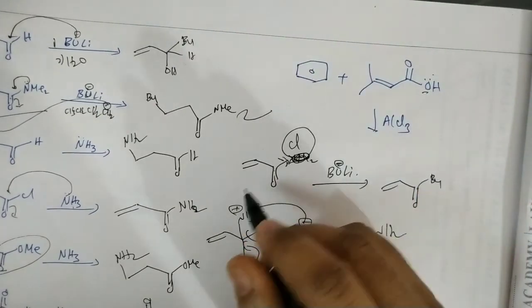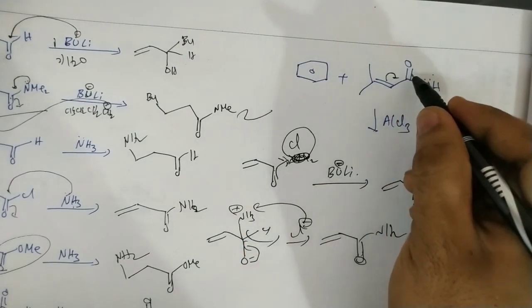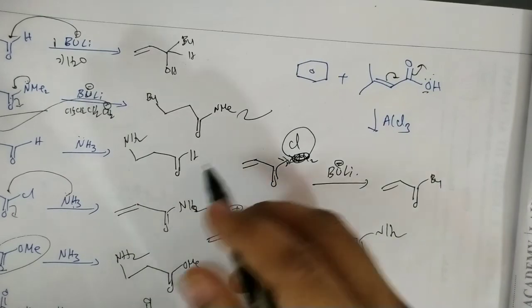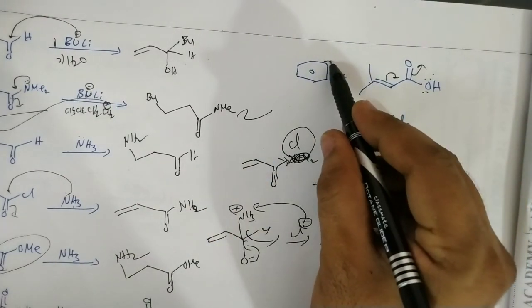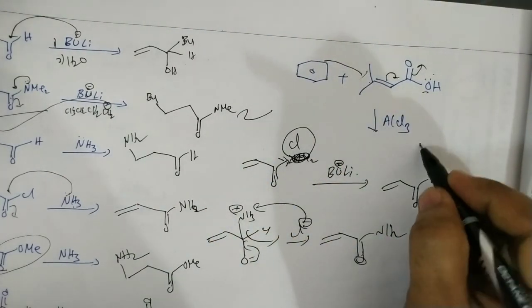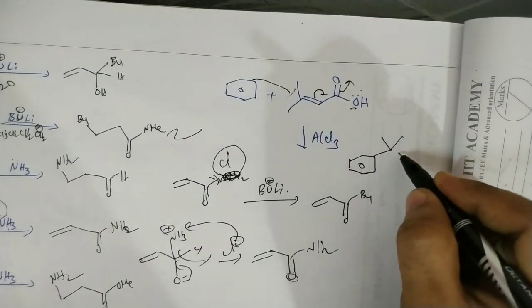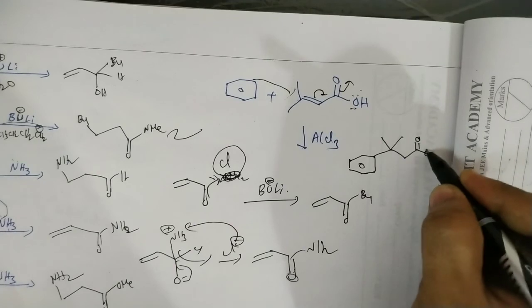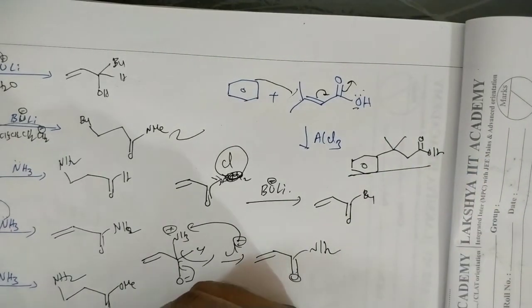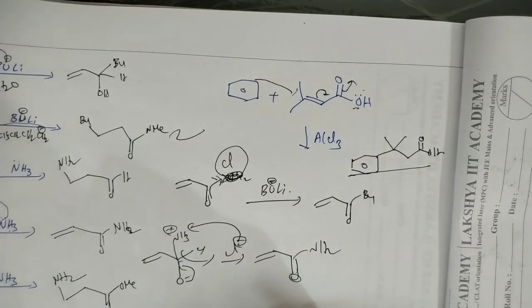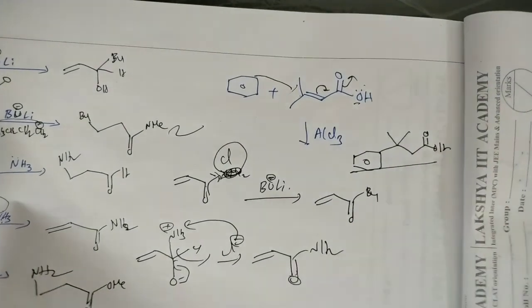In this case these electrons are transferred to this one, and these electrons are transferred to this oxygen. This one carries a positive charge, so that directly attacks the benzene, H plus is replaced by that electrophile, so the final product is this one. Okay, that's it. It is involved in a conjugate addition reaction.